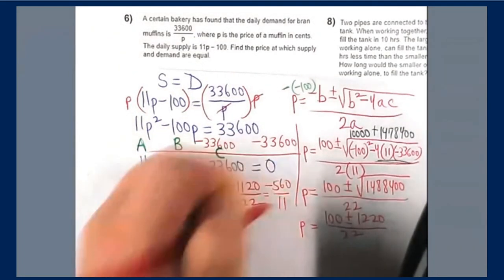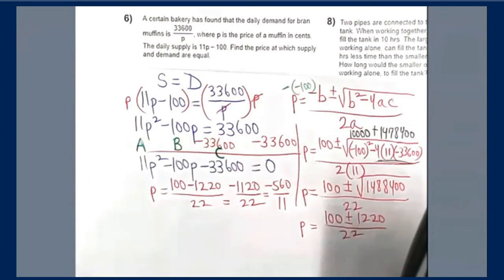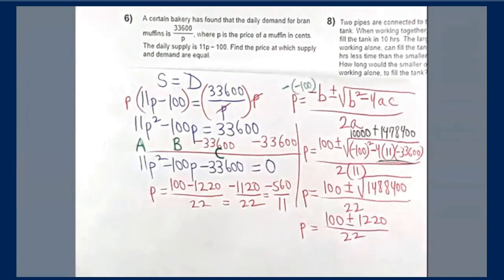But really there's no need to, because profit, just like time and sides of a shape, well, it could be negative, but we're looking for how much the muffin would have to be in order for us to get a maximum or positive profit.